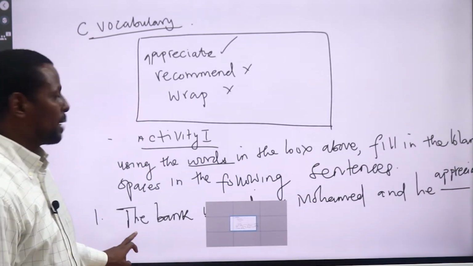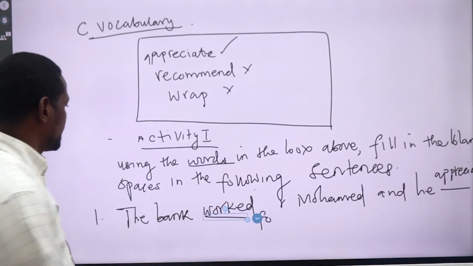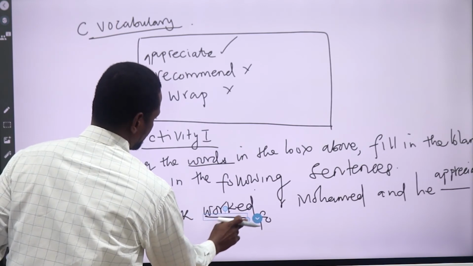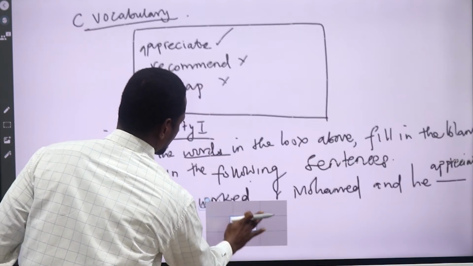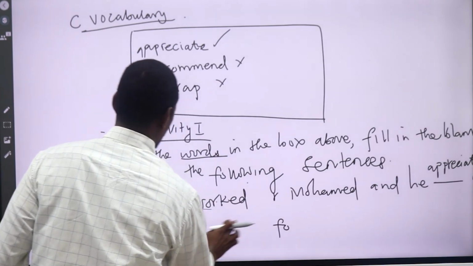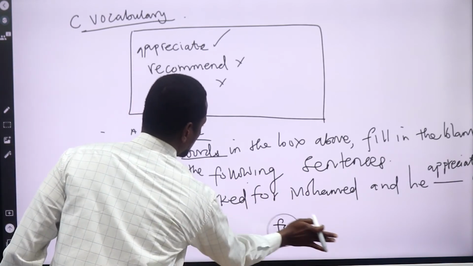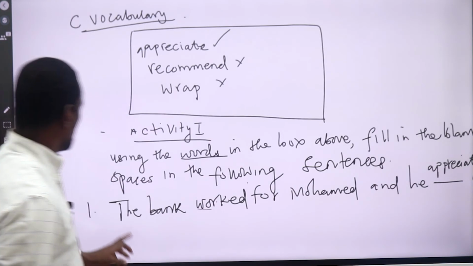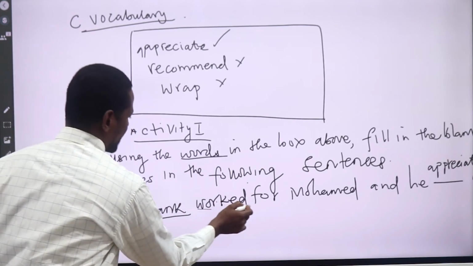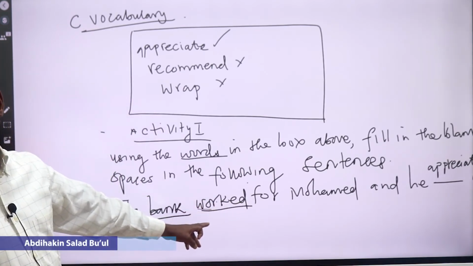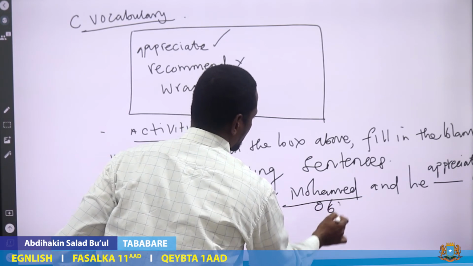Here we have the subject, bank, and then worked, the active verb, for Muhammad, which is the object.